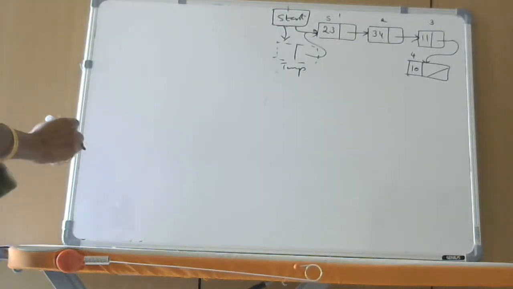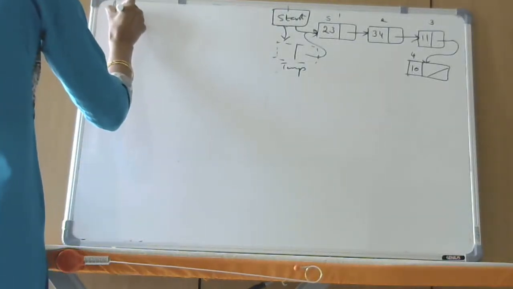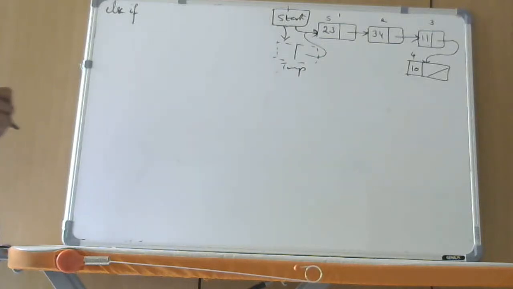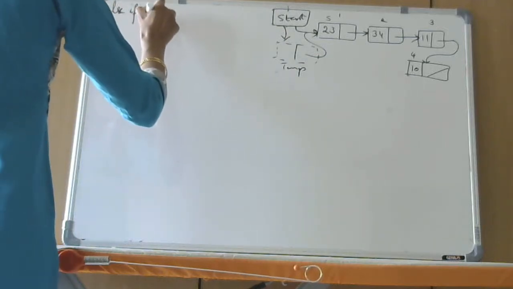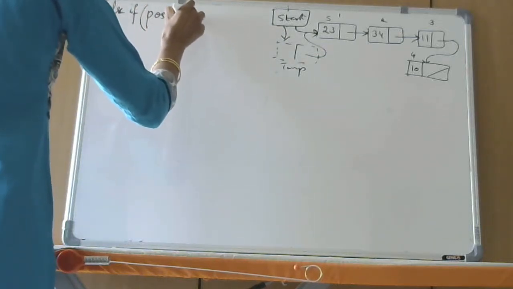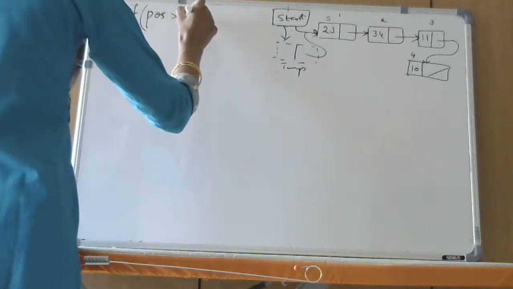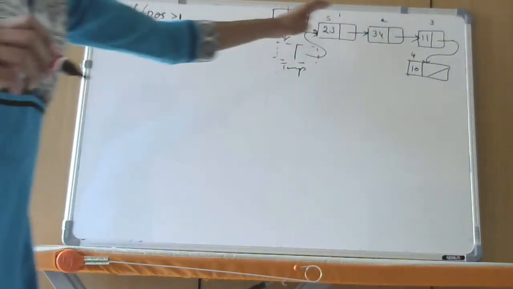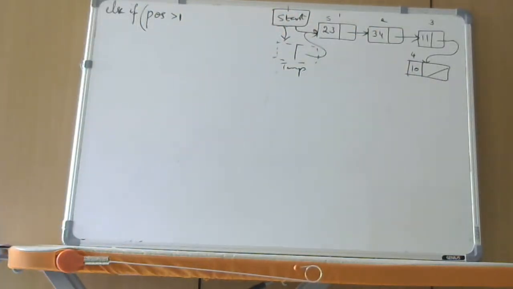Now else if position is not 1. Now we have done for the first. If my position is 1, what to do? We have done it. Next I check if position is greater than 1. And greater than 1 means, now how many nodes do I have? 5 nodes I have. Correct.